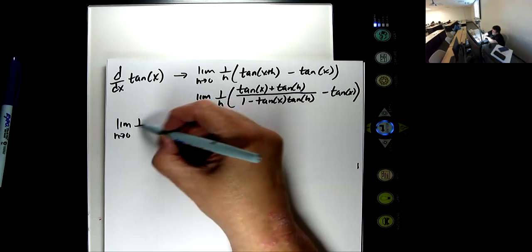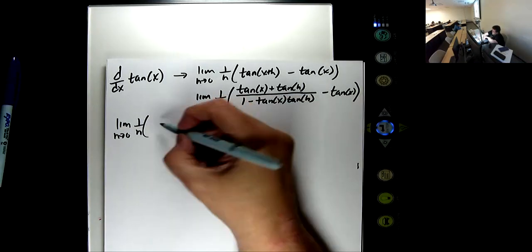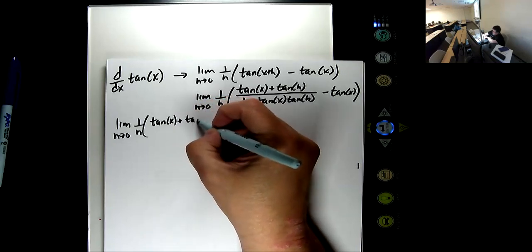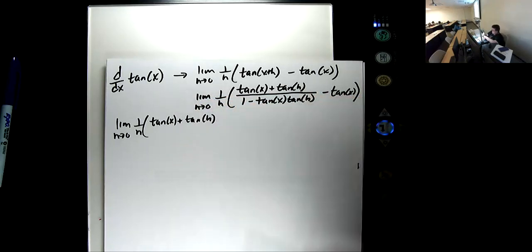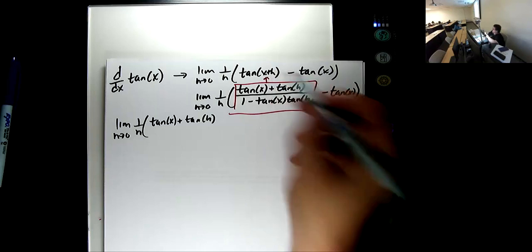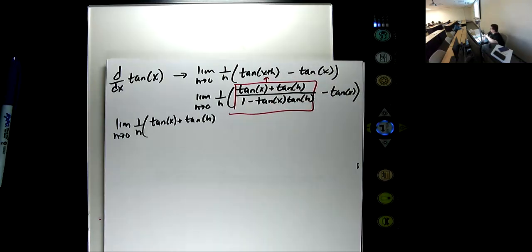We've got 1 over h. I've got tangent x plus tangent h. This is a formula from the trigonometric cheat sheet that's on the modules. I don't have it memorized, so if you have it memorized, more power to you.